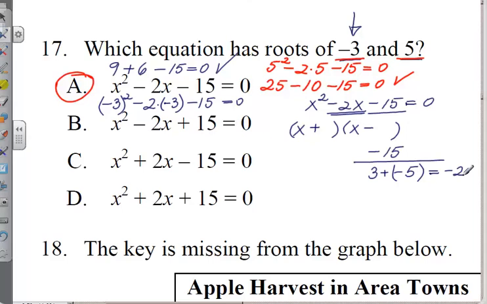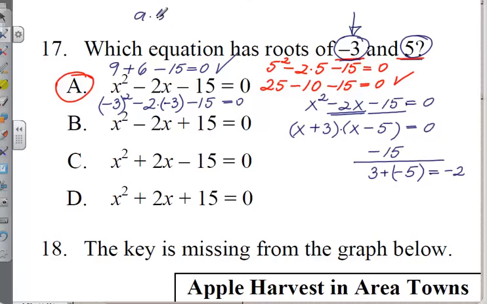Is that true? 3 plus -5, it is -2. And I'm done. Now I can tell you that the factorization of this quadratic equation will be x plus 3 times x minus 5. And obviously, because it's an equation, this equals something, equals 0 in this case. Now, all you have to do next is to check if -3 and 5 are the solutions of this equation.